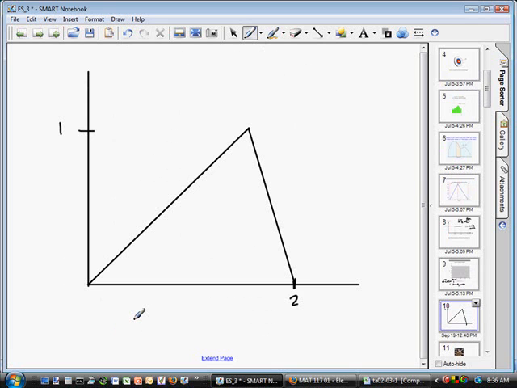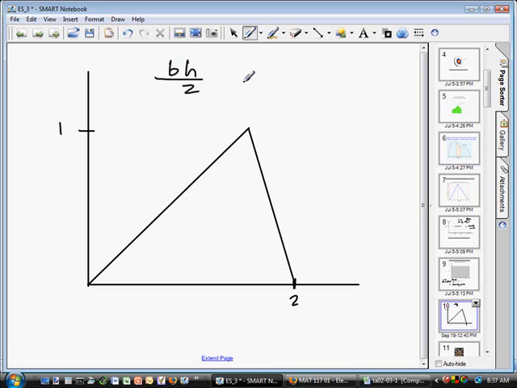How about this one? Well, this is a triangle. So I'm going to make you stretch back into your geometry roots a little bit. How do you find the area of a triangle? Remember? It was base times height divided by 2.